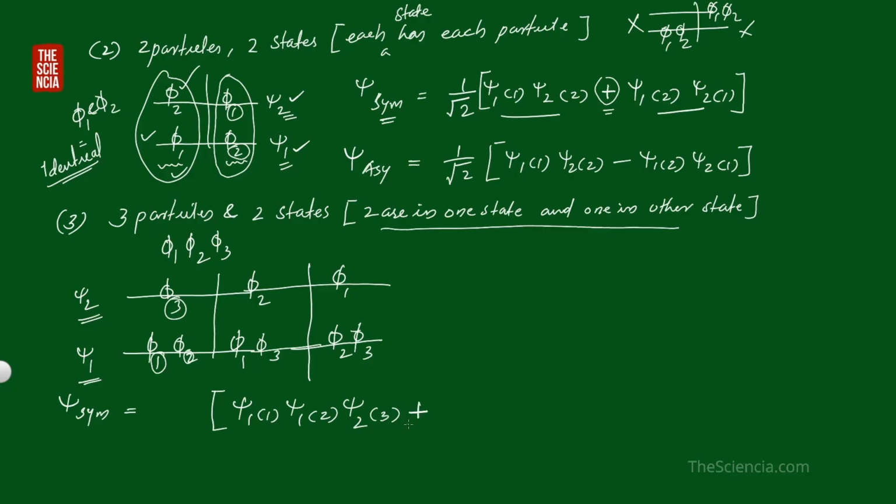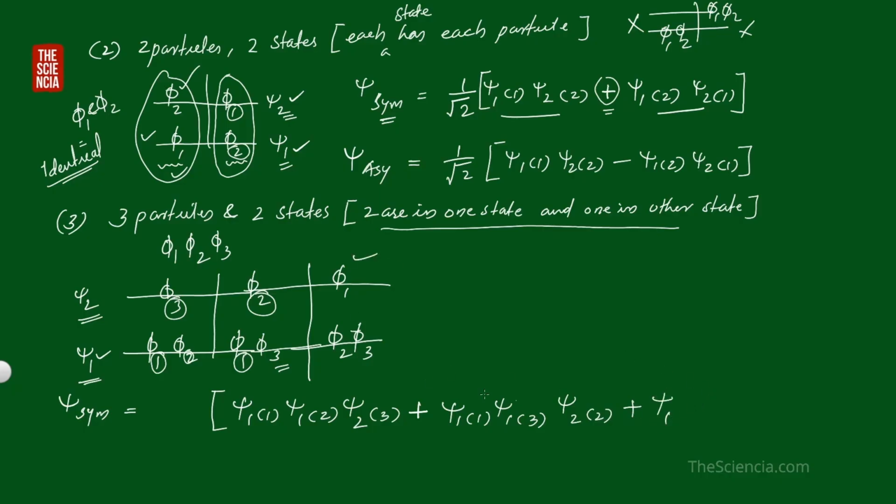Now the other combination, that is this one. In the state psi 1 the particle is there, that is psi 1 of 1, and the third particle is also in the same state, that is psi 1 of 3, and the second particle is in psi 2, plus the last combination, that is psi 1.